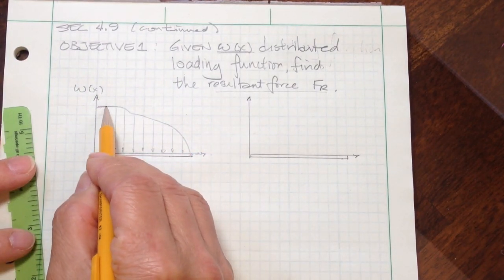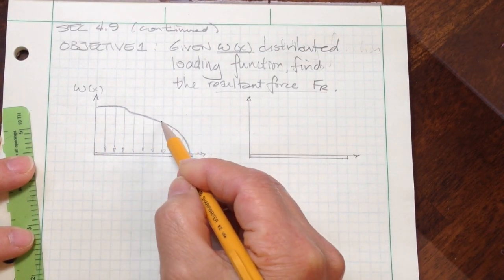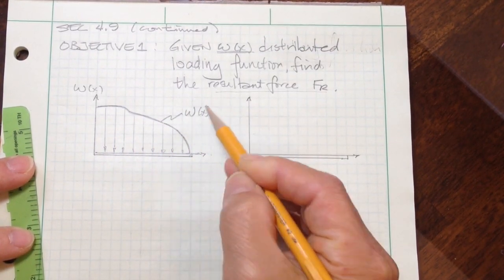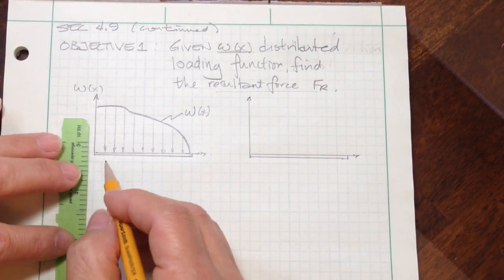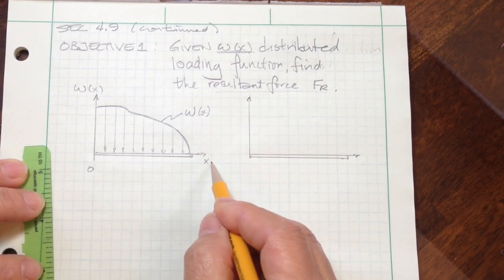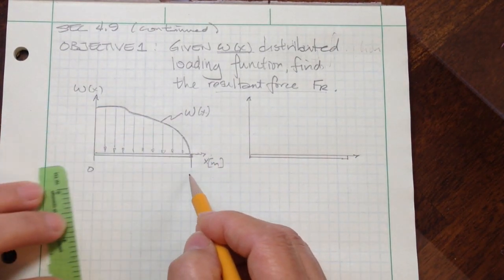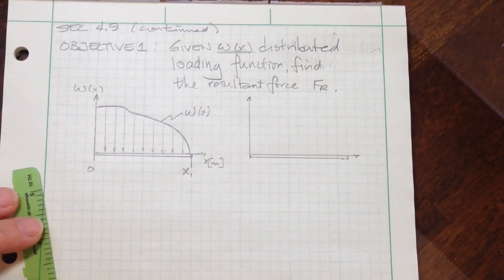And this line is given by a function W of x. That means we have an equation for it. And we'll say that's at 0. And we'll say that this is at some distance x1.